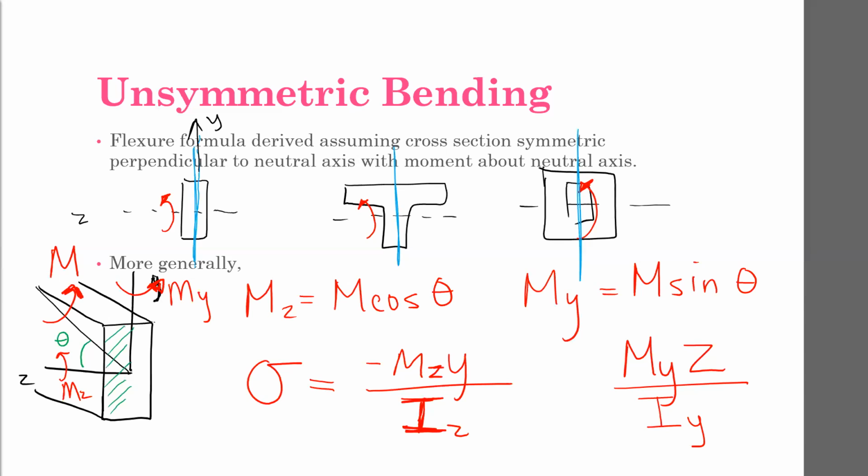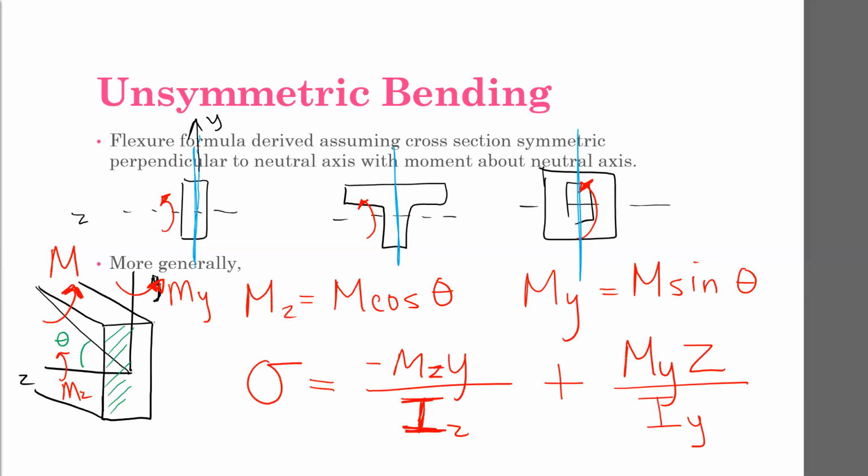Is that going to be stretching or is that going to be contracting? I'm talking about moment about the y-axis, so moment about a vertical axis, and I'm interested in that shaded region. Is that going to extend or shorten? Good, it's going to extend. So it should be a positive normal stress. So I have a positive moment, a positive z, I multiply those two together, and I want to get a positive stress, right? So I think I can just go ahead and put a plus sign here.